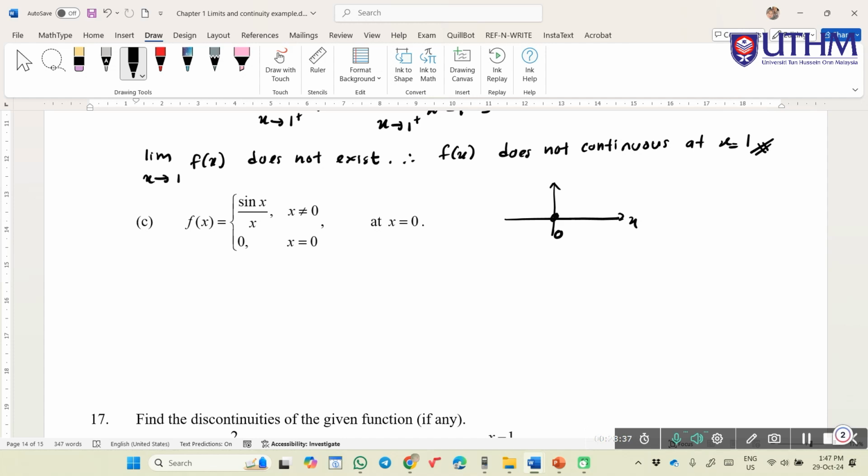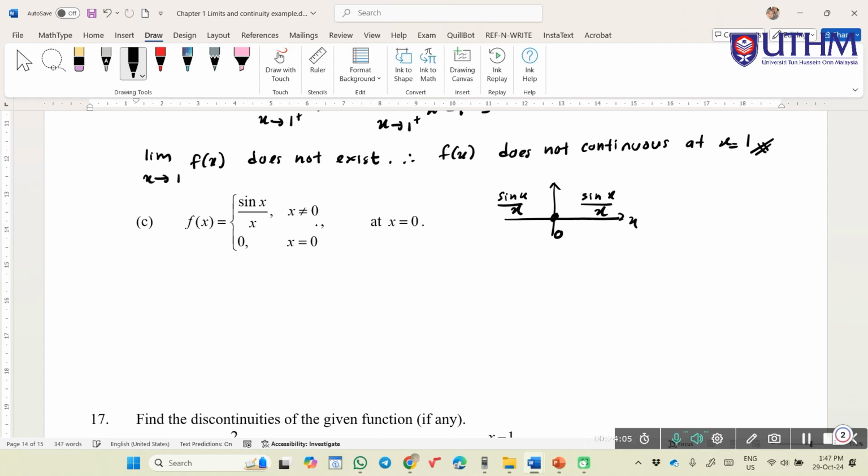However, when x is not 0, the function is sin x over x. That means from the left hand side, sin x over x, as long as the value is not 0, and from the right hand side also sin x over x.